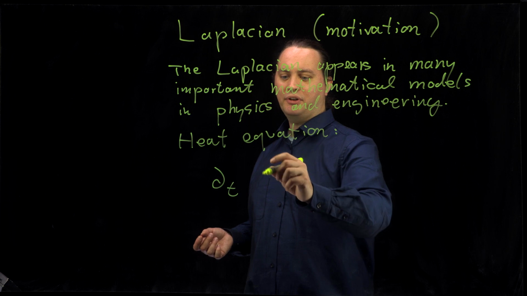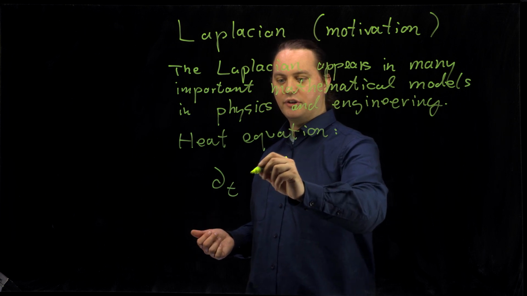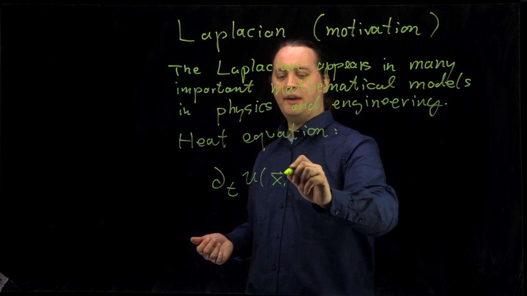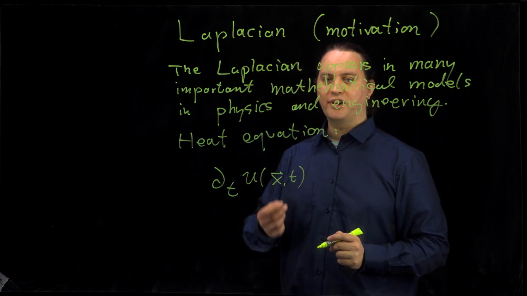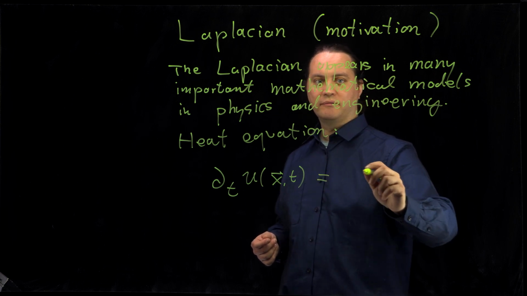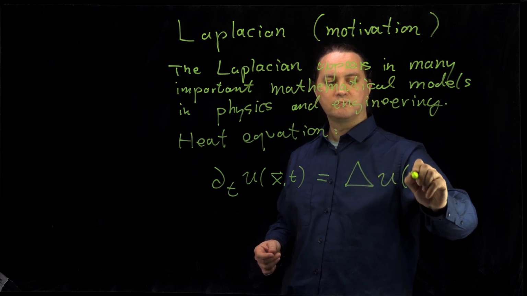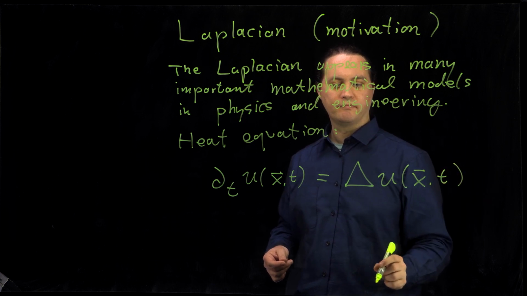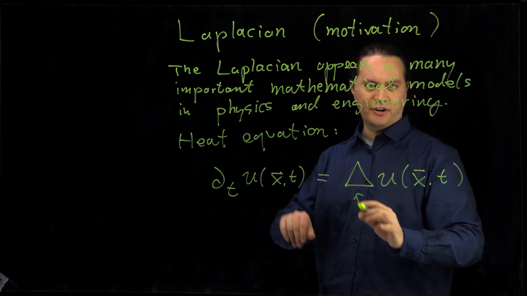We've got the time derivative of some quantity, let's call it u, which depends on time and space. The time derivative of u shall equal the Laplacian of u. Here the Laplacian is only taken in the space coordinates.